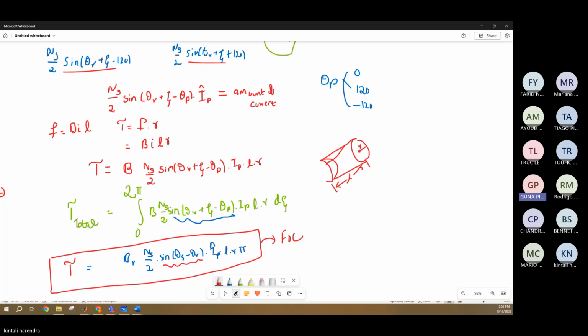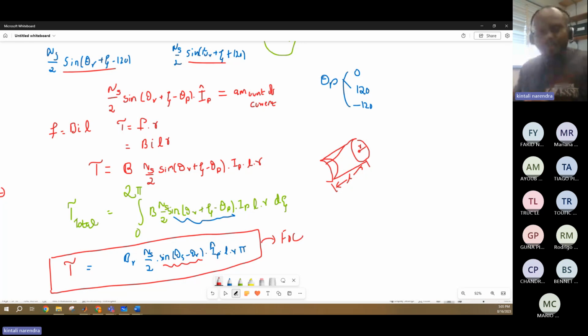The rotor is a permanent magnet, and the permanent magnet is fixed on the rotor.